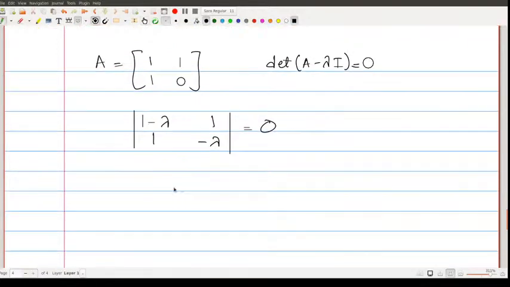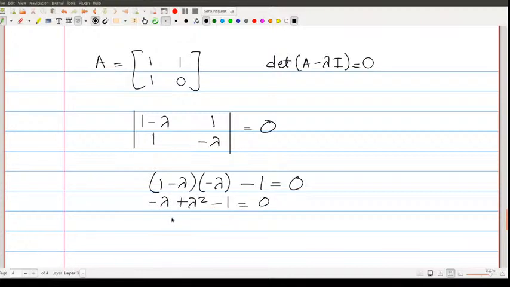Let's find the characteristic equation: minus lambda times (1 minus lambda) minus 1 equals 0. So we have lambda squared minus lambda minus 1 equals 0.